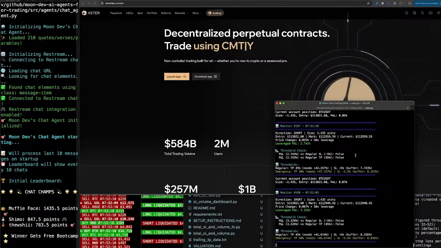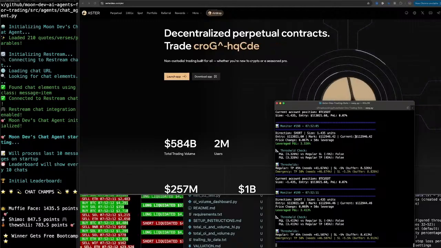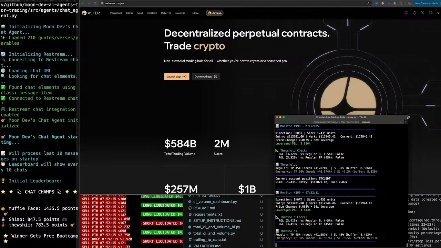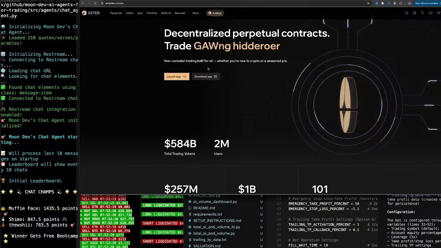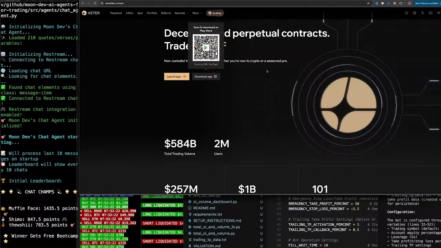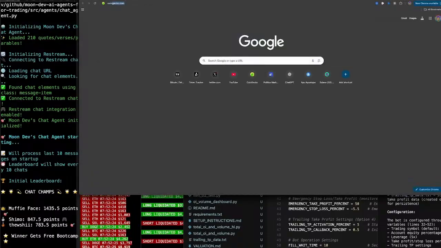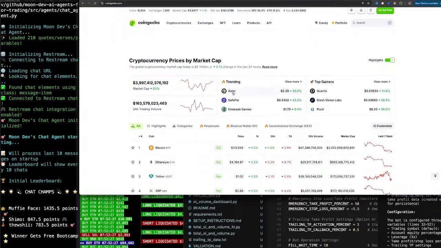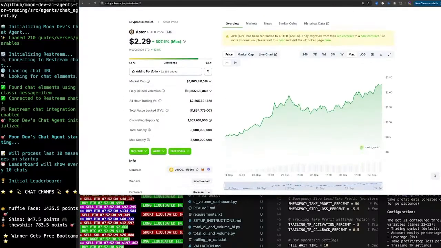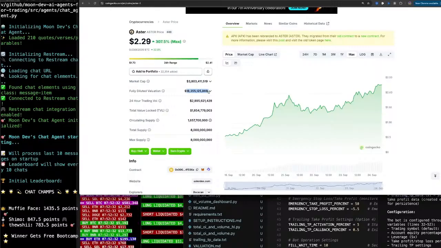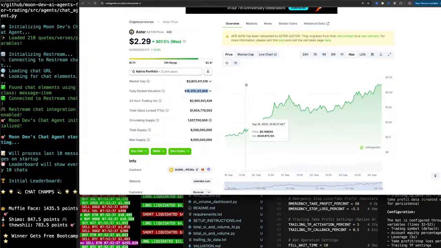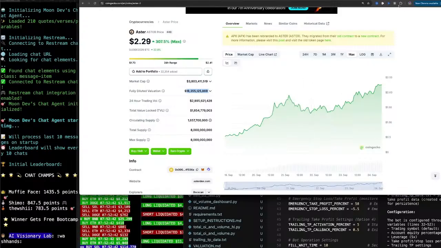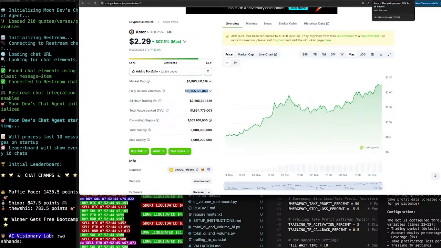It allows you to enter on limit and exit on limit and obey your stop loss, take profit, use as much leverage as you want to rack up the volume. 4% of their current supply is what they're airdropping, and that comes out to like $500 to $800 million. So you can take their current supply here, 18 million, and times 0.04, you can see it's $734 million in airdrop.